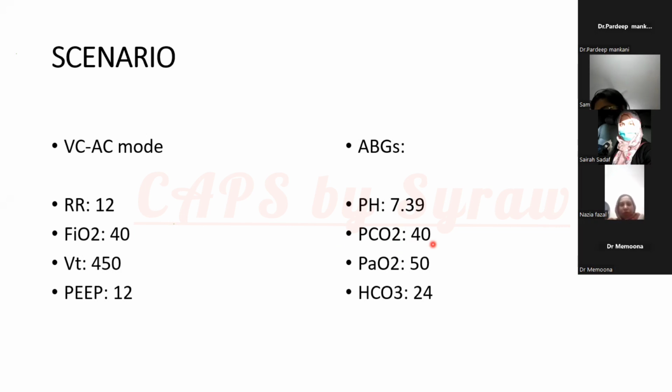PCO2 is also normal, bicarb is normal, but if you notice, PO2 is decreased. We have already discussed that if there is an oxygenation problem, we either alter the PEEP or increase the FiO2. The PEEP is already on the higher side, so we'll increase the FiO2 to correct this PO2.